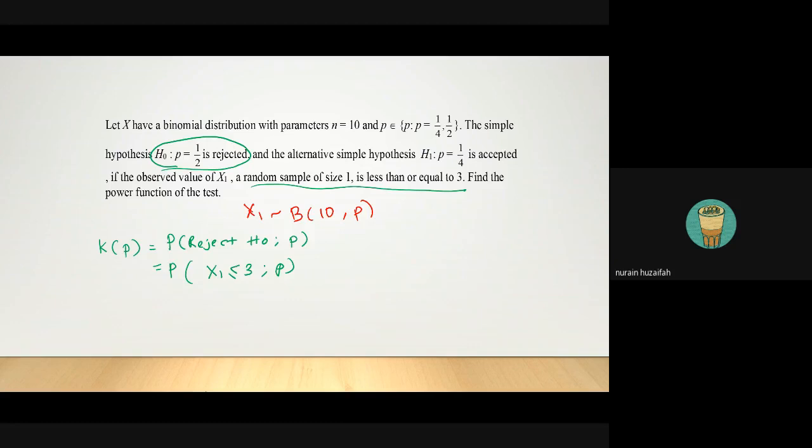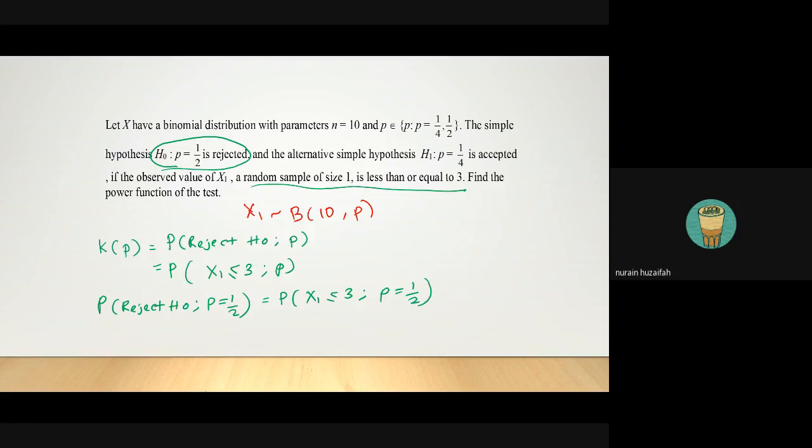So two values, two answers. Power of the test, probability rejecting H0 when H0 is true means your p is equal to 1/2. So probability X1 less than or equal to 3 when your parameter p is equal to 1/2.